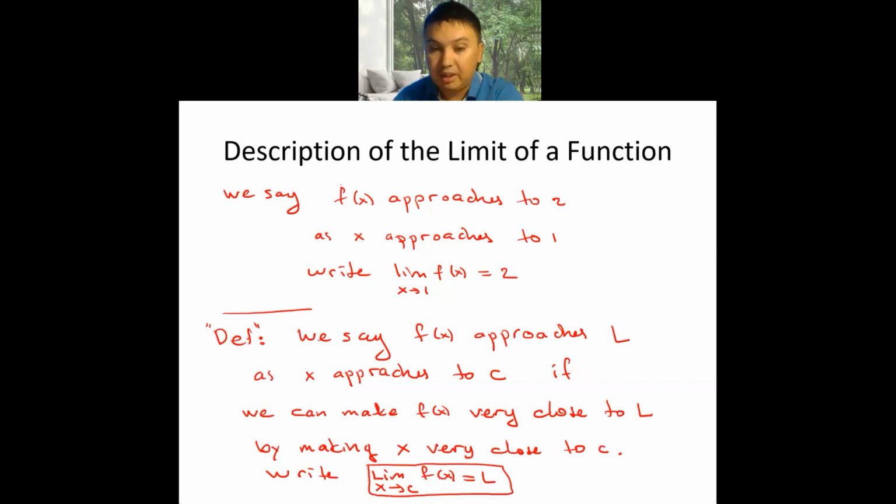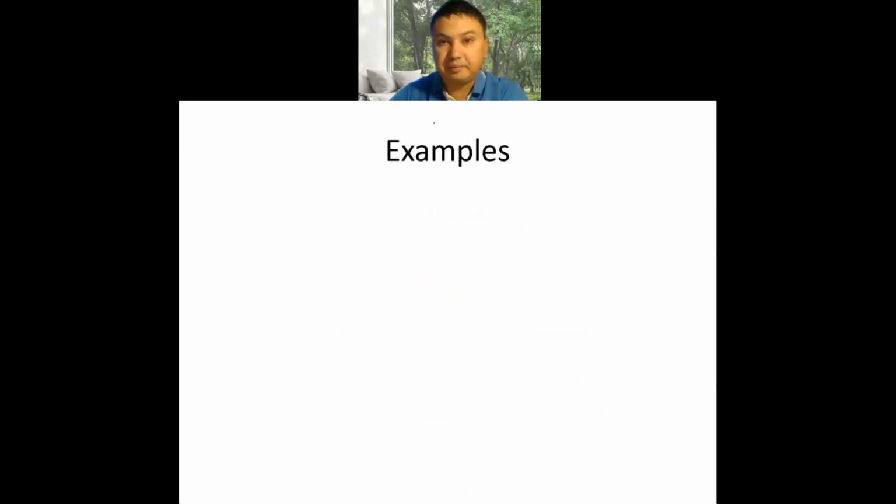I can make f of x as close to L as I want by making x very close to c. So I'm controlling x, and I can control f of x by controlling my x. Okay, now let's do some examples.